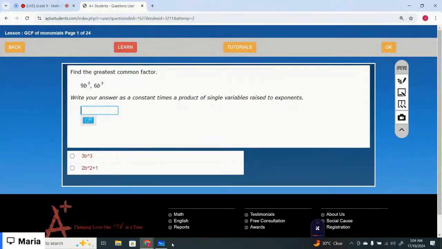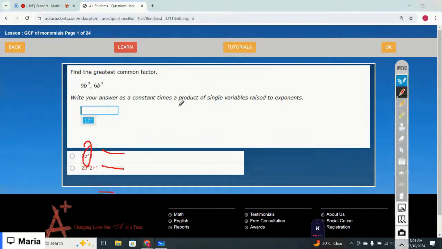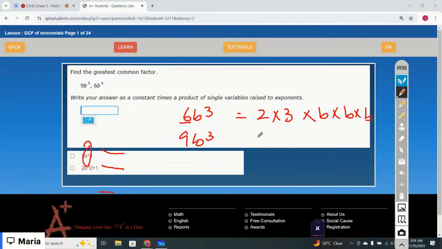Find the greatest common factor of 9b cube and 6b cube. So we are going to write their prime factors, right? You can write 6 as 2 times 3 b times b times b, and you can write 9 as 3 times 3 b times b times b.